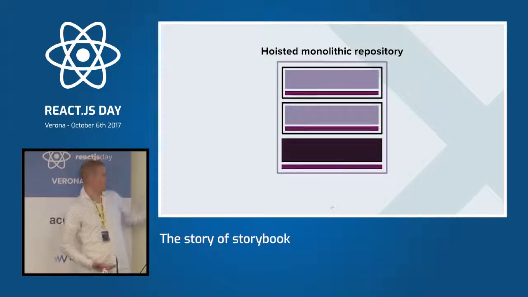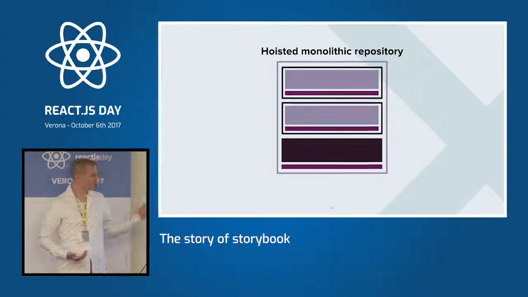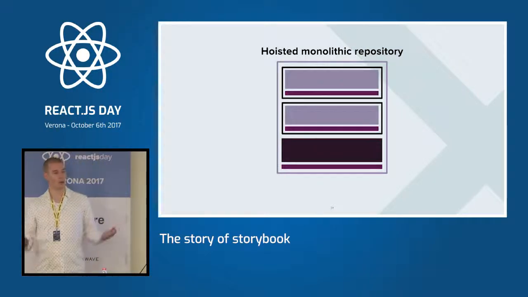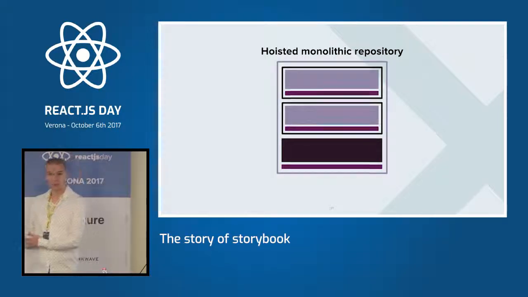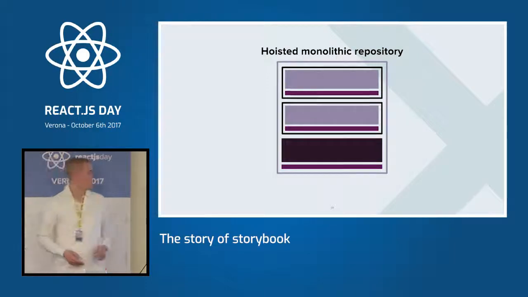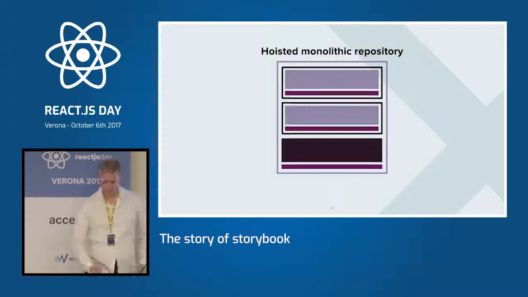The next step up is to hoist, or move up into the project root, all your common development dependencies. This makes the install process a lot faster, and it makes sure that singleton modules actually work.